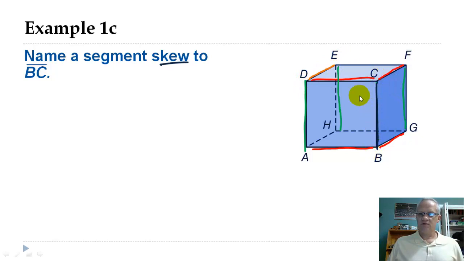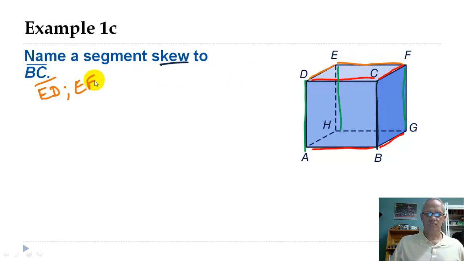CB is in a plane going up and down. So these are not in the same plane, but they are never going to cross, are they? This one's going to keep going straight up. This one's going to keep going sideways. So ED is skew. What else? Well, EF would also be skew.